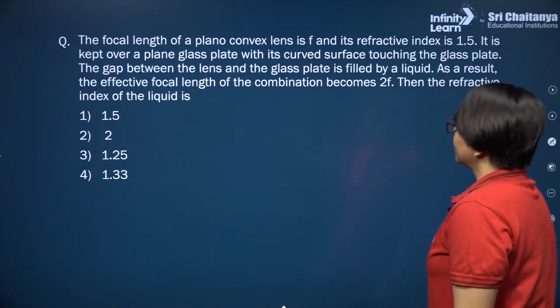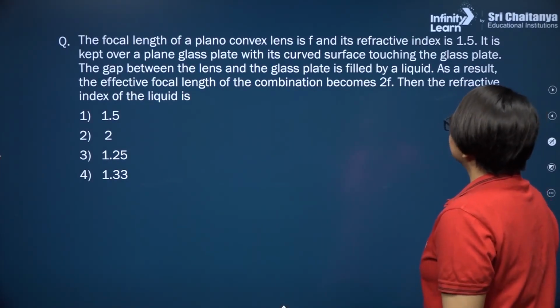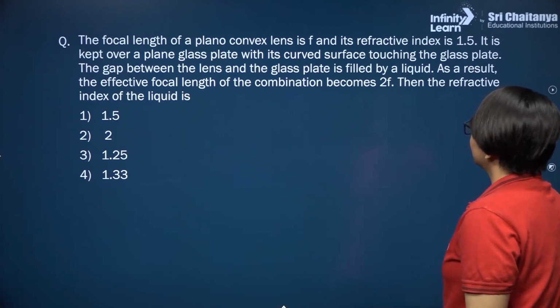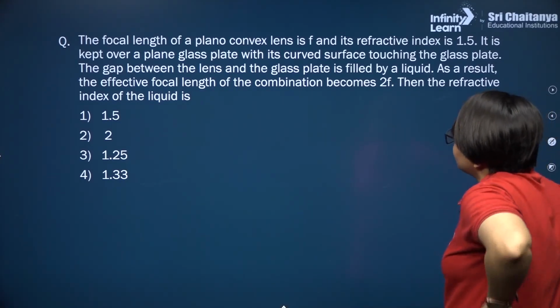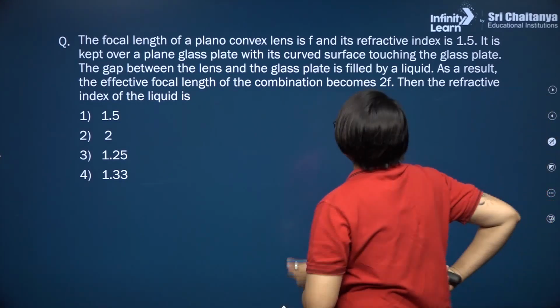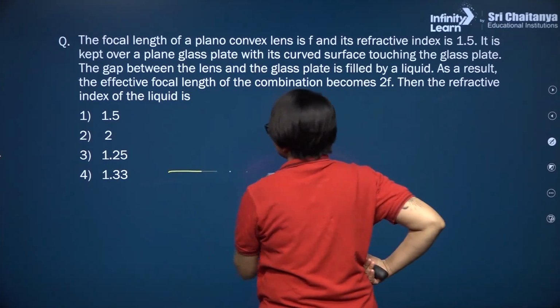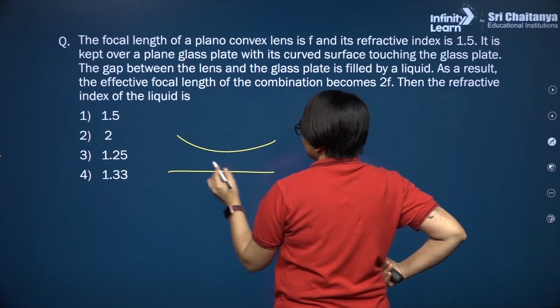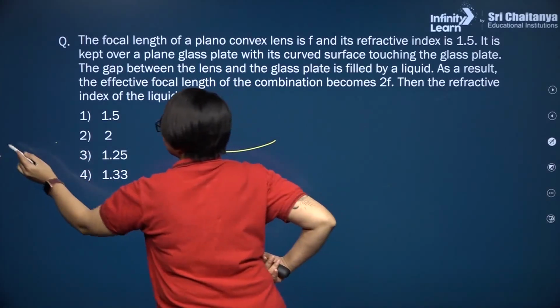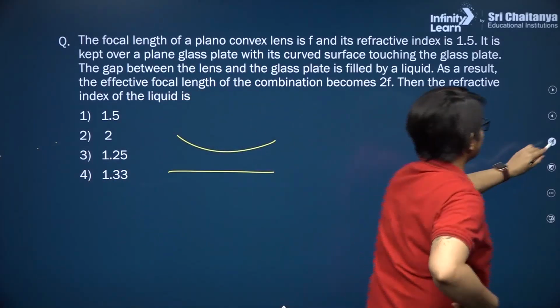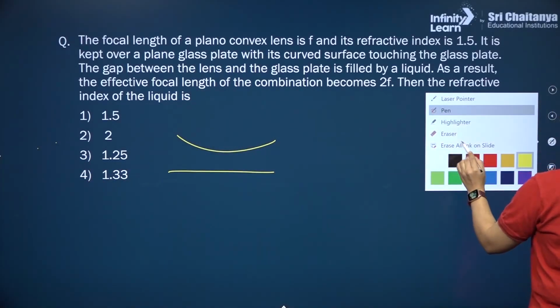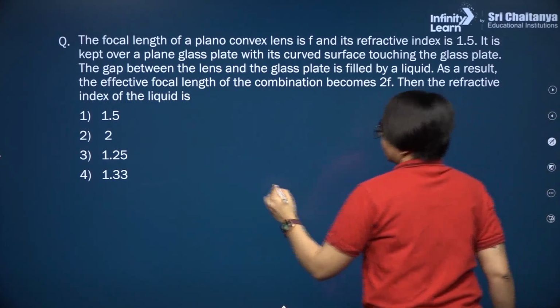Next is, the focal length of a plano-convex lens is f and its refractive index is 1.5. It is kept over a plain glass plate with its curved surface touching the glass, something like this. So, it will be like this.